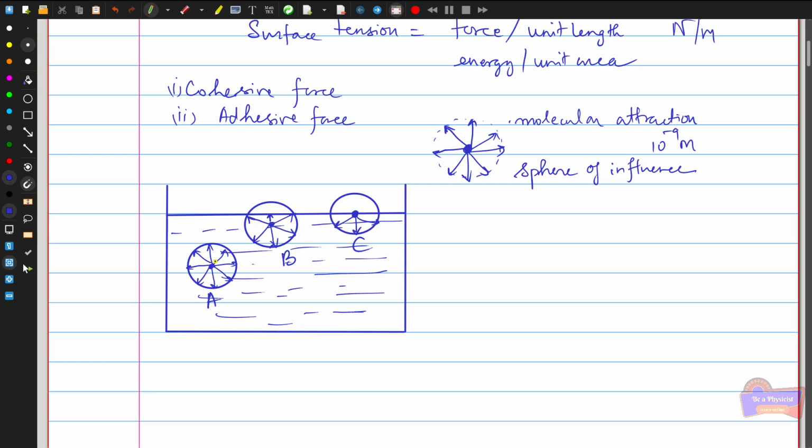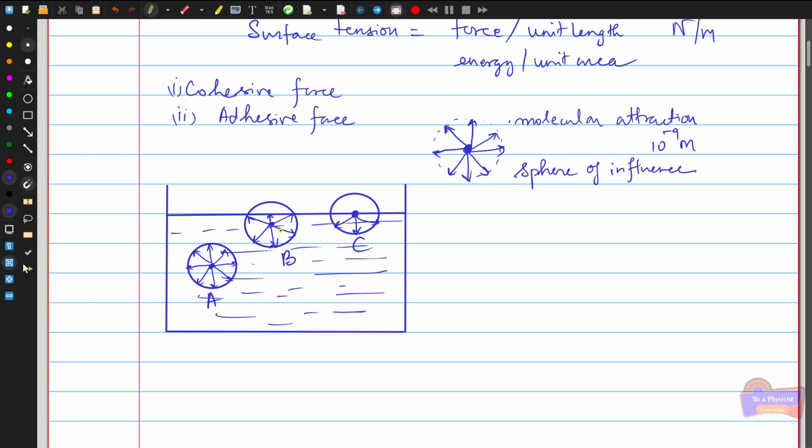Consider molecule A, which is completely inside the liquid. It is acted upon by forces of attraction equal in all directions, and thus the forces balance one another, and the net force acting on molecule A is exactly 0. For molecule B, the upper half of the sphere is influenced by the air, which contains air molecules.